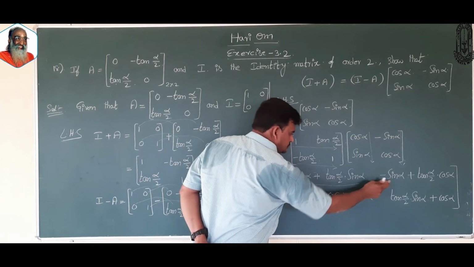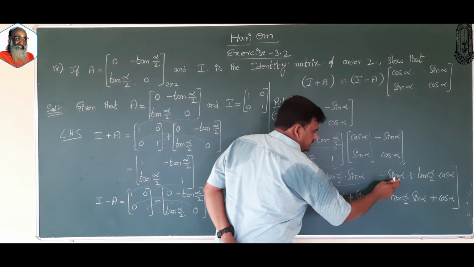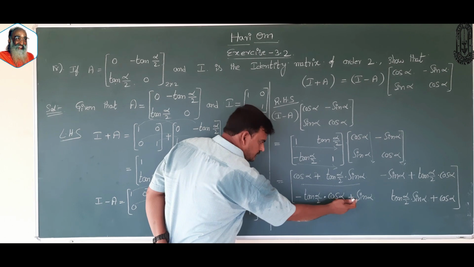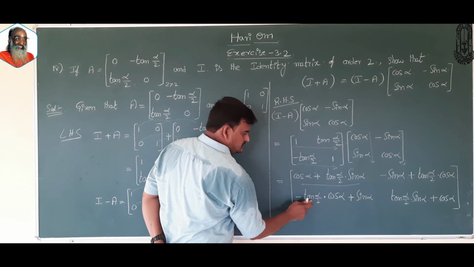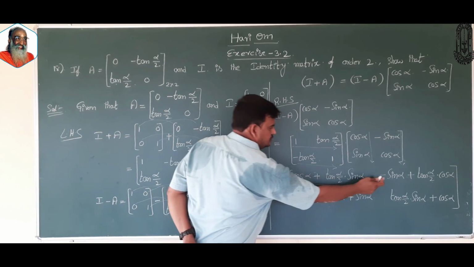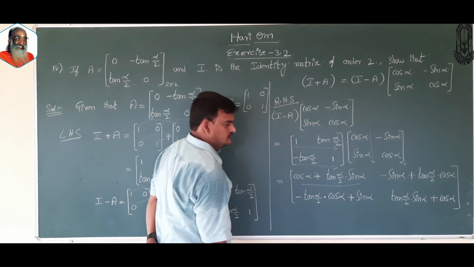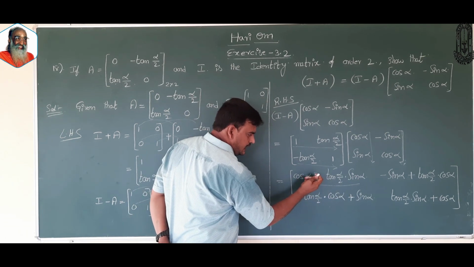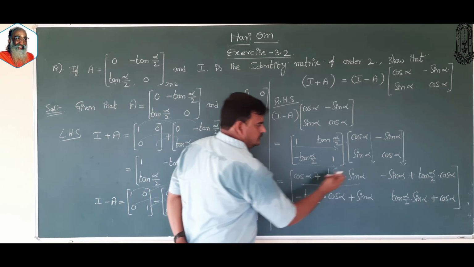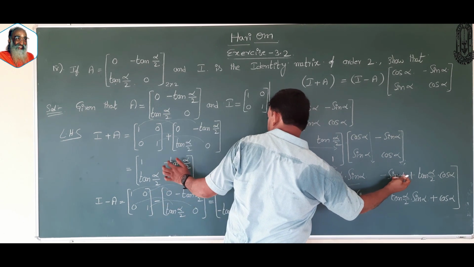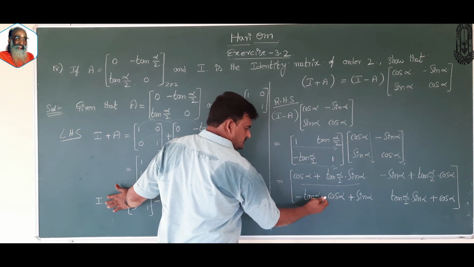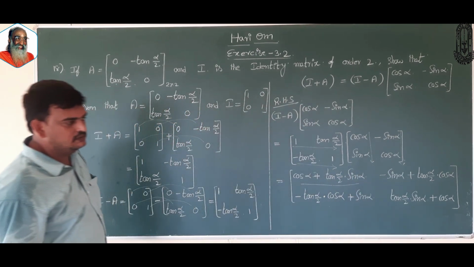When we compare these two, here we have minus sin alpha plus tan alpha by 2 into cos alpha, and here plus sin alpha minus tan alpha by 2 into cos alpha, these two differ by a sign. So how to simplify and get this entire value as 1, this value as minus tan alpha by 2 and this value as plus tan alpha by 2. Now that is our calculation.